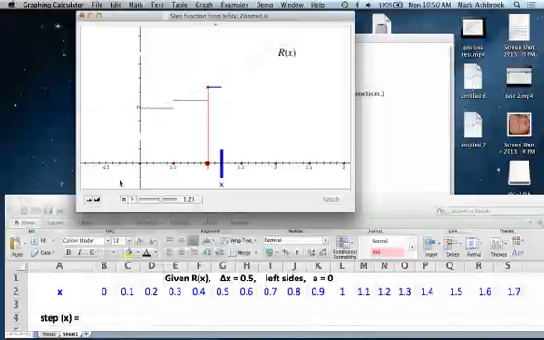So does that help? We're representing step. The step function could be anything. That scale on the left on the axis could be anything. This R function can be anything. Are the intervals 0.5? Intervals of 0.5? Yes, here. You're given Rx. Thank you. You're given delta x of 0.5 using left sides and a equals 0.